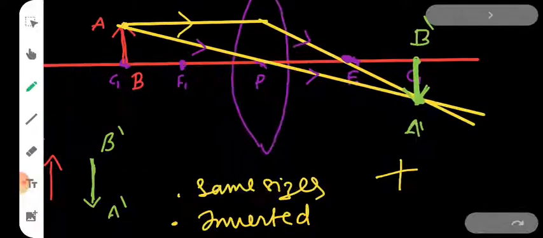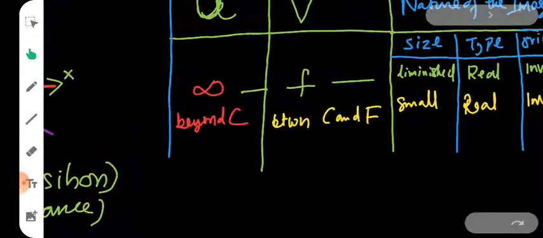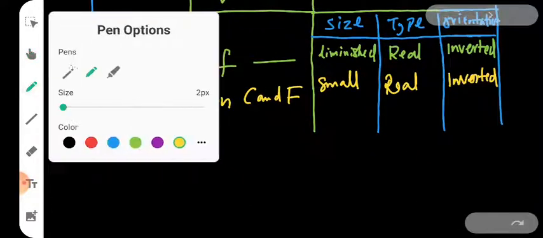So where is the object? The object was placed at C1, and the image was formed at C2. Wow, that's good. It's a good example for a ray diagram. So let me extend these lines.